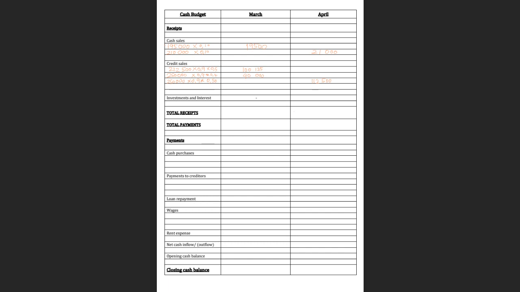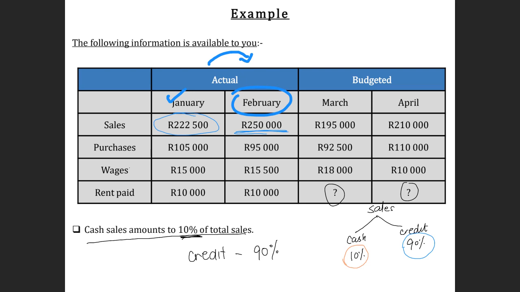And now the only month left, and you'll see when I get to the cash budget, I'll explain that to you. The only month left that we actually need to now work out a value for is the next month, the month of March.